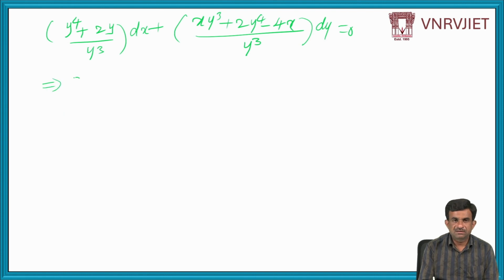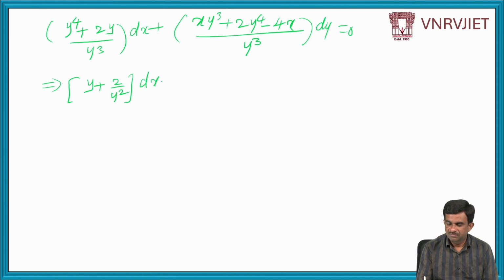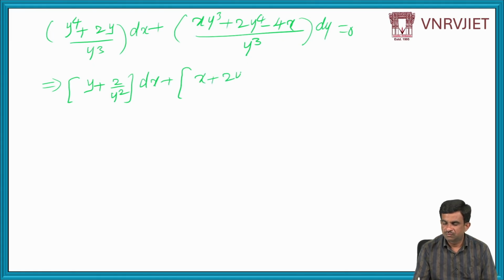Let us separate the terms here. y⁴/y³ is y, plus 2y/y³ is 2/y², into dx, plus xy³/y³ is x, plus 2y⁴/y³ is 2y, minus 4x/y³, into dy = 0.